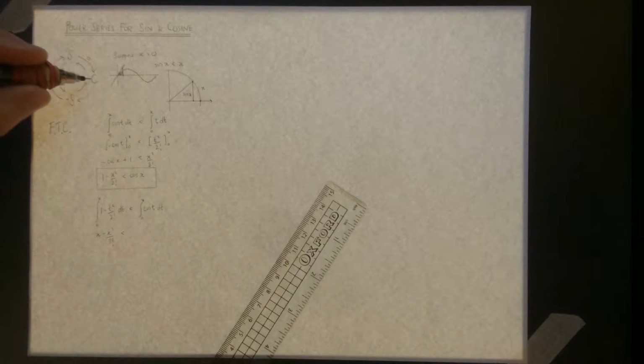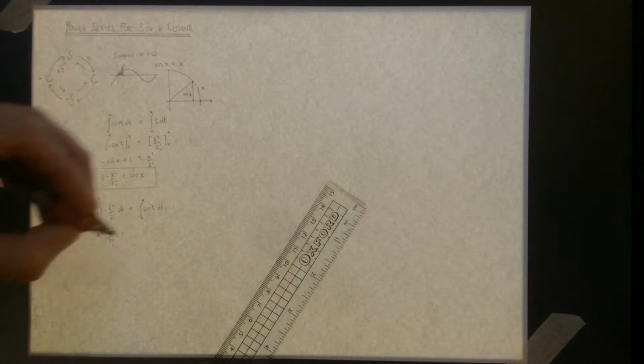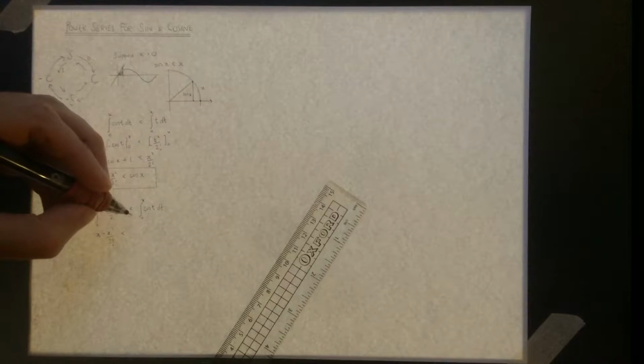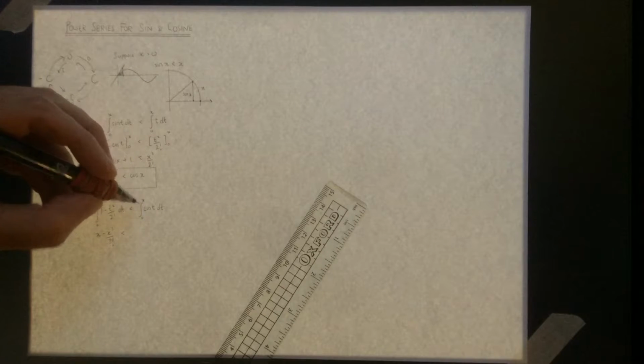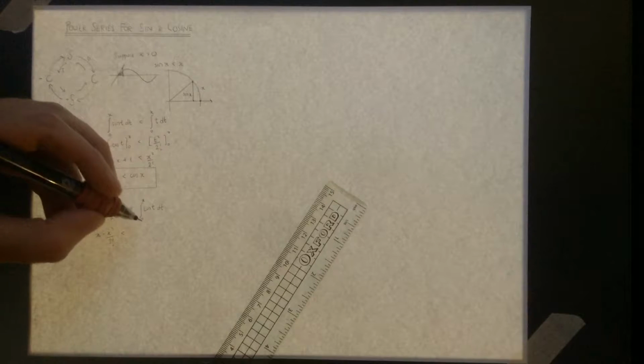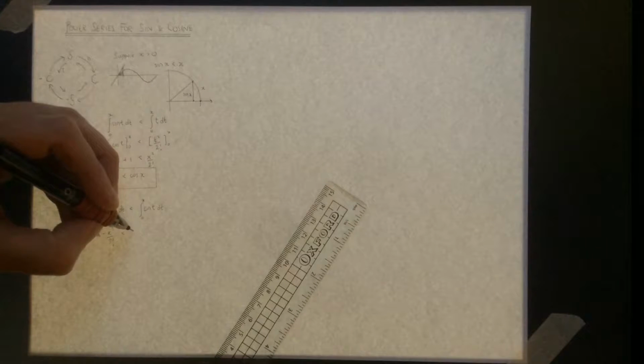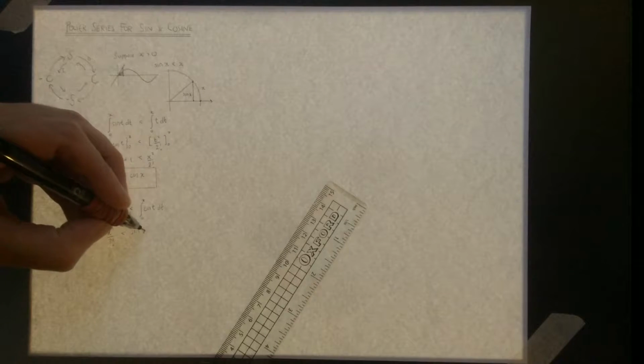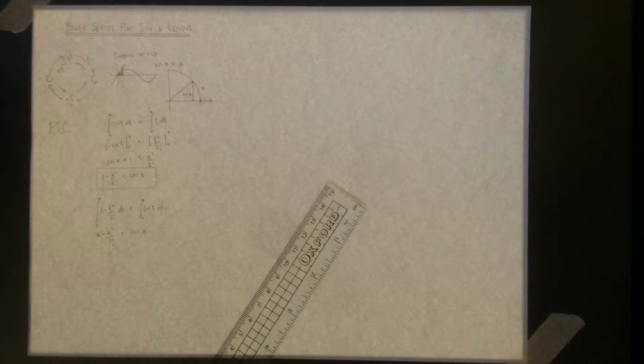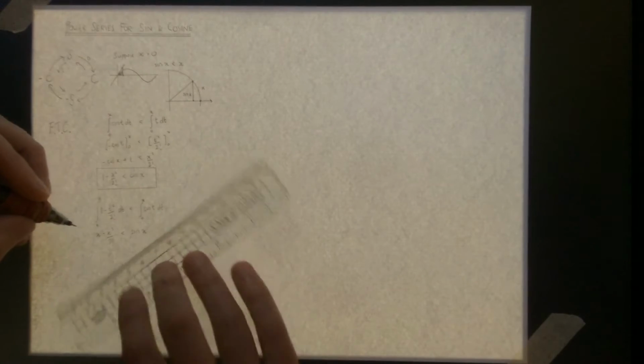Sine differentiates to cos, so cos integrates to sine. And sine t between x and 0 is just sine x minus sine 0, which is just sine x minus 0. So we have a second result.